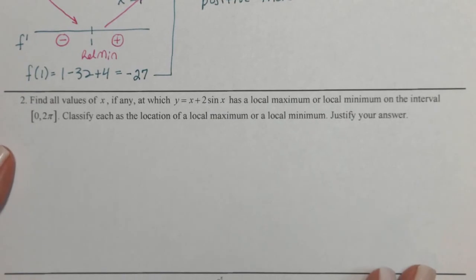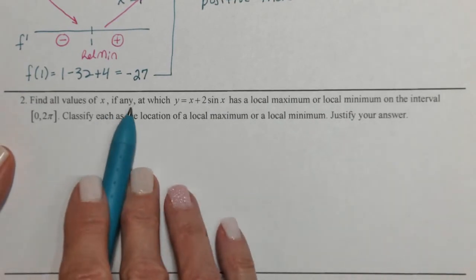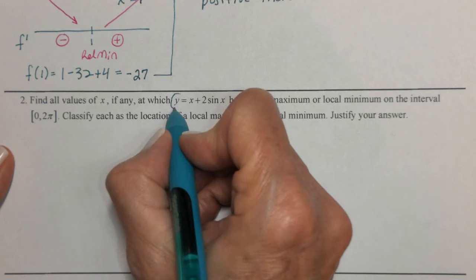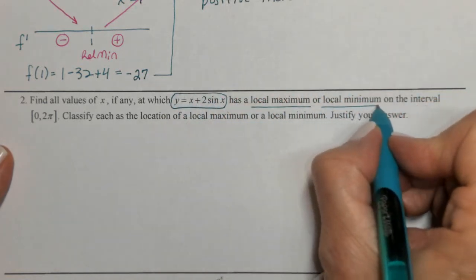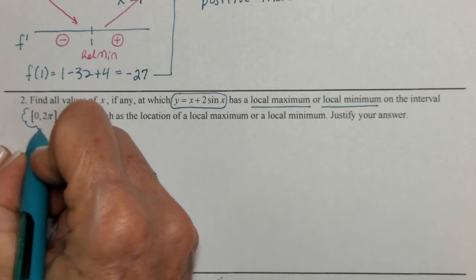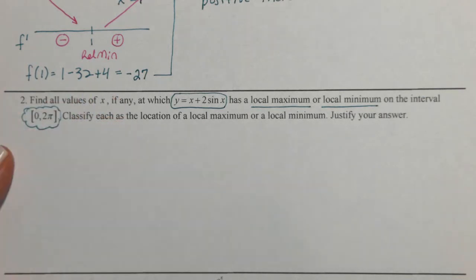Number 2, find all values of x, if any, at which this function has a local maximum or local minimum on the interval 0 to 2 pi. Classify each as the location of a local max or local min, and we are going to justify our answer again.